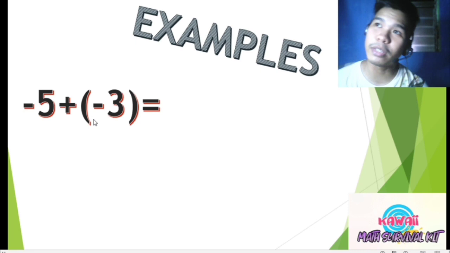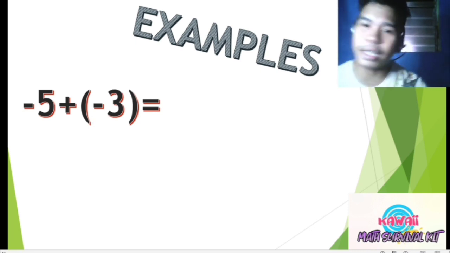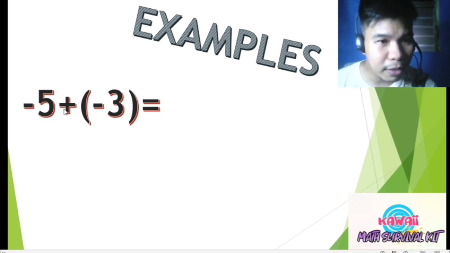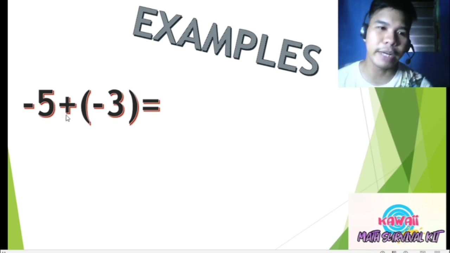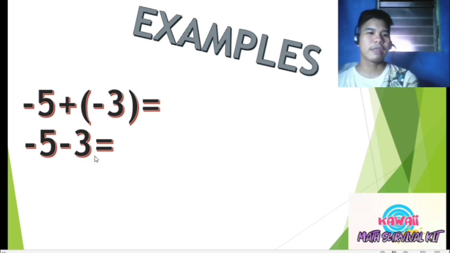So when we multiply positive and negative, which we're going to discuss on the next episode of Math Survival Kit, if we see consecutive signs which are different, that is automatically understood as a single negative. So you copy first negative 5 and then positive times negative will become negative 3.